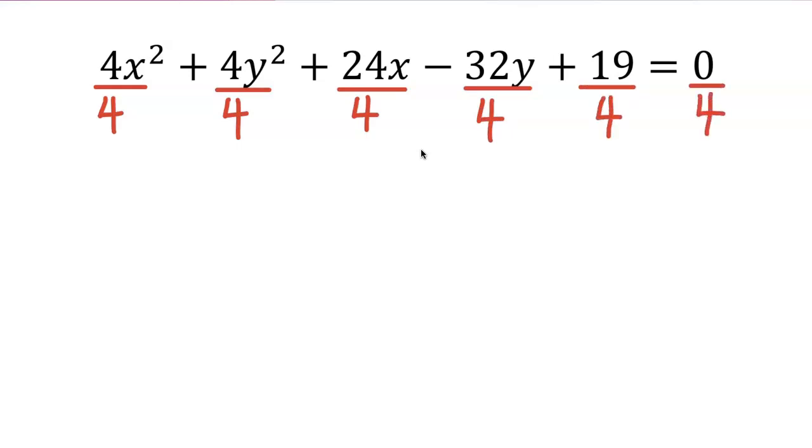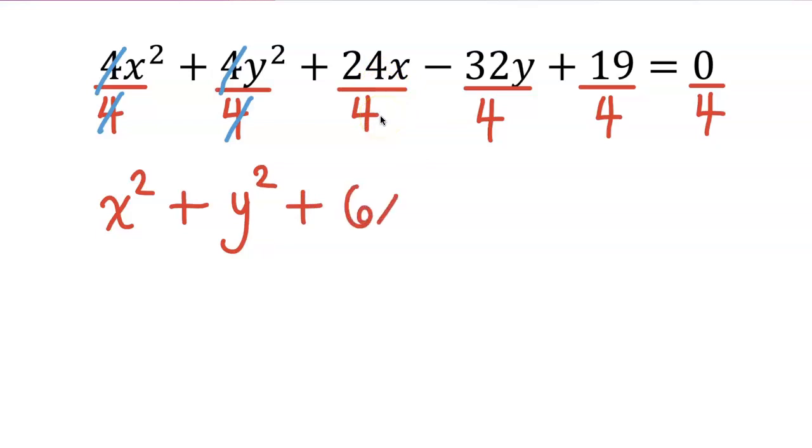Okay, let's simplify. The first term simplifies to, because these 4's are gone, just x squared plus, the 4's are gone here, so we just have y squared plus 24 divided by 4 is 6.